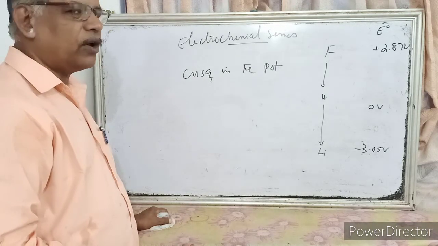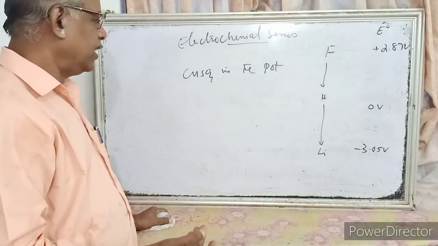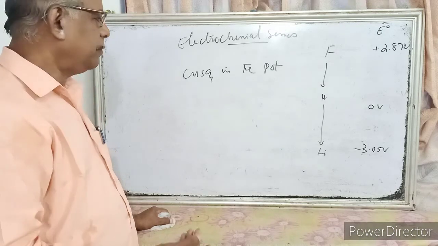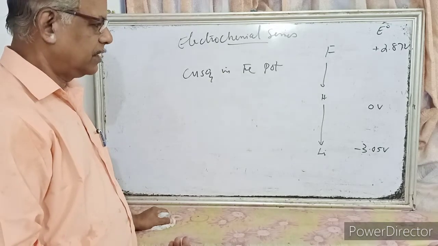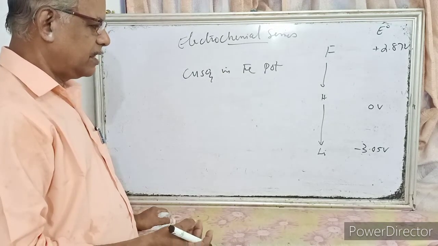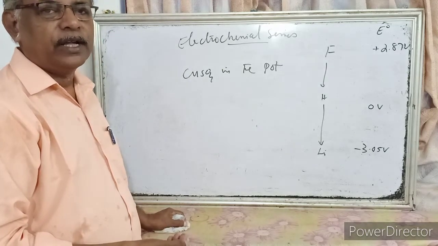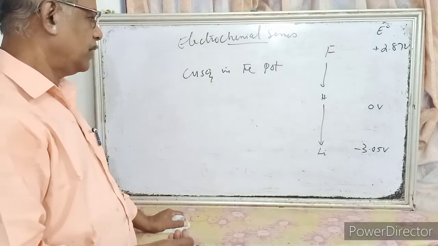Iron is more reactive than copper. So since the E0 value of copper is higher than that of iron, you cannot prepare copper sulfate solution in an iron pot, because an element having lower E0 value can displace an element having higher E0 value.